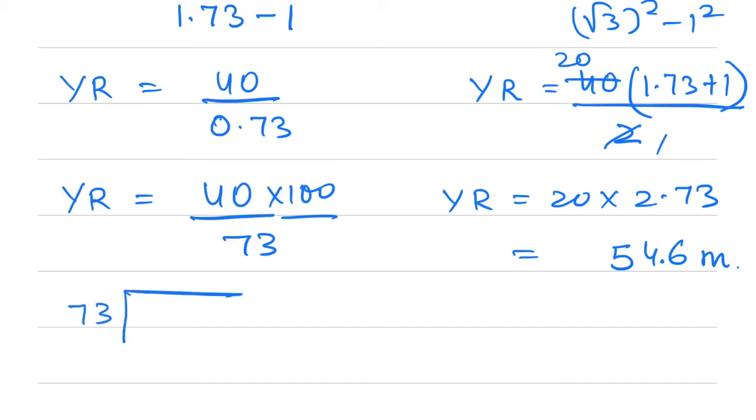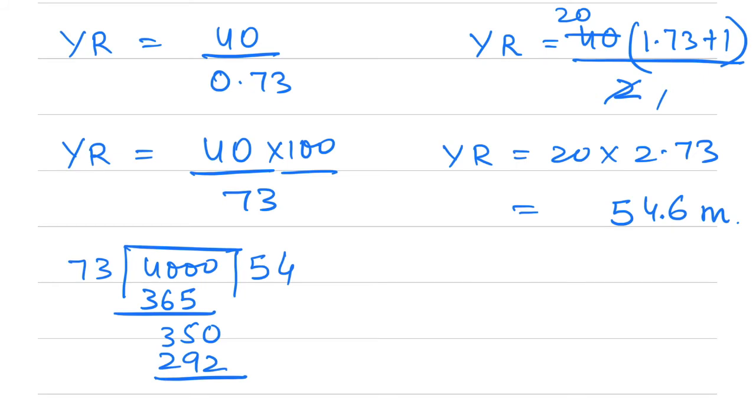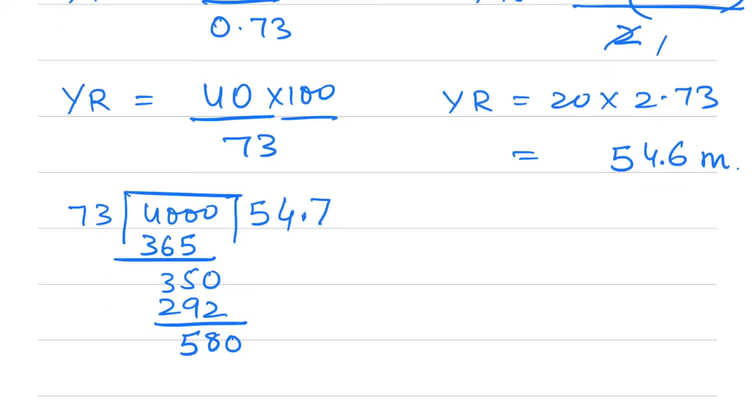If we divide 4000 by 73, this is some little bit of rough work, so we'll get 5 times 365, then we have 5 here, 4 times 292, then we have 8 here and 5, decimal point, 0, 7 times 251, then we have here 69, and this would be around 9 times.